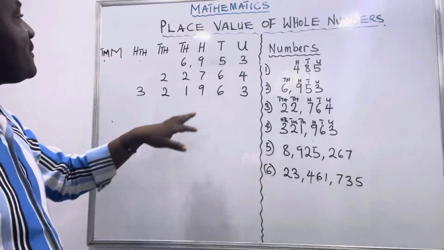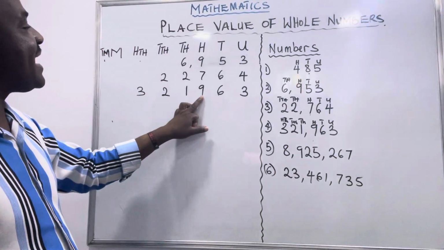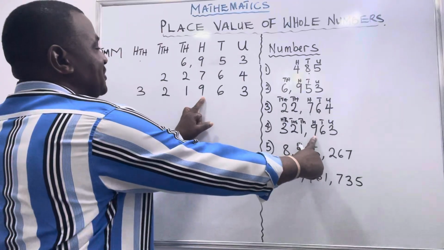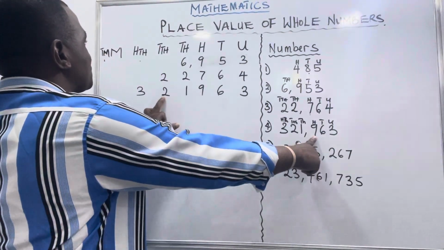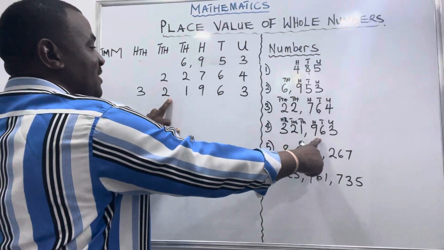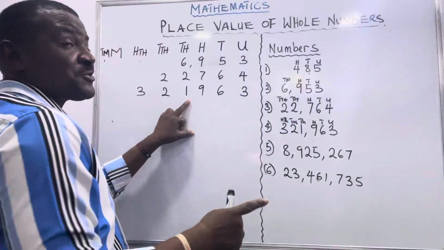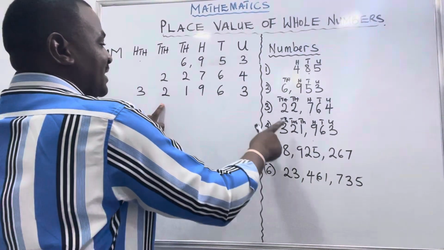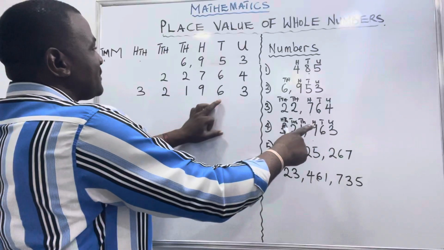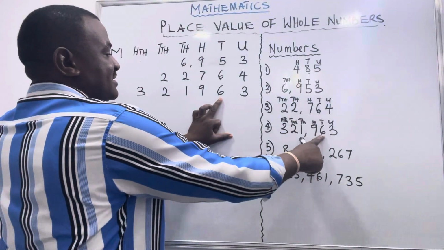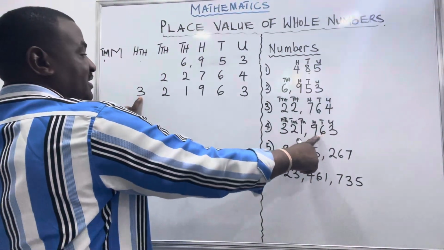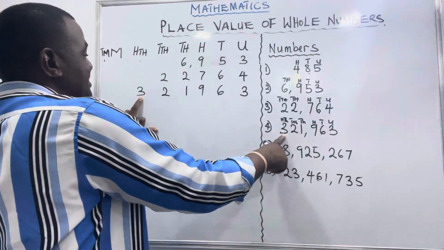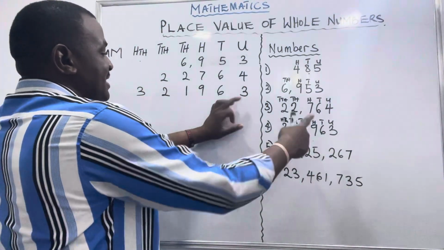So the place value of 9 here is what? 900. The place value of 2 here is what? 20,000. What is the place value of 6? 6 tens. What is the value of 3? 300. What is the place value of 3? 3 units, and on like that.